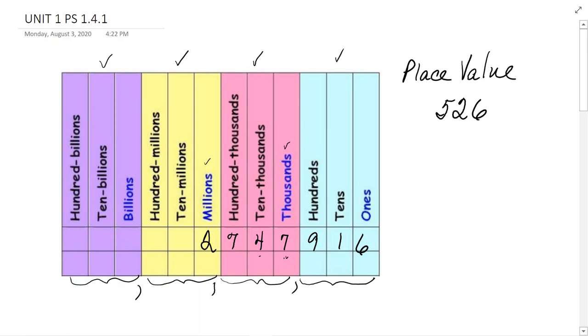If I added those, I would say 2,747,916. If I added, say, a 3 right here, I would say 32,747,916. If I had a few more digits, I would say 8,132,747,916.